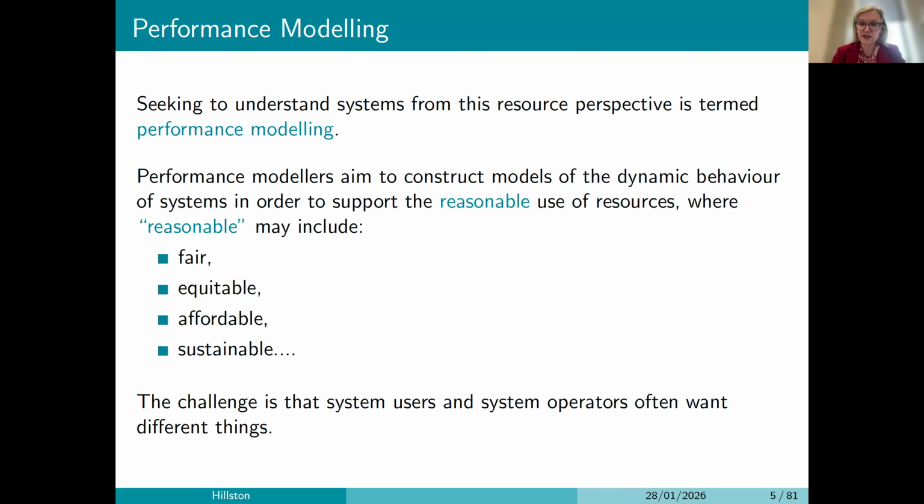You may want to make sure that it's fair, that you don't have starvation problems where people can't access the resource, that it's equitable in some sense, that it's affordable, that the costing is appropriately set, or sustainable in that you're not being profligate with resource and over-provisioning systems. So the challenge is that often system users and system operators want different things.